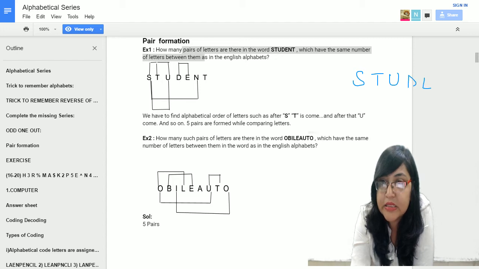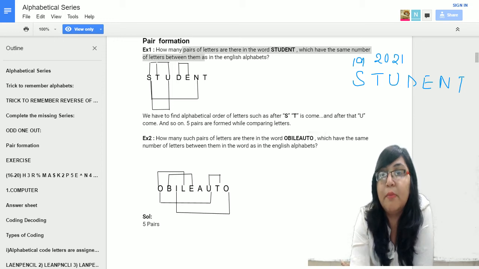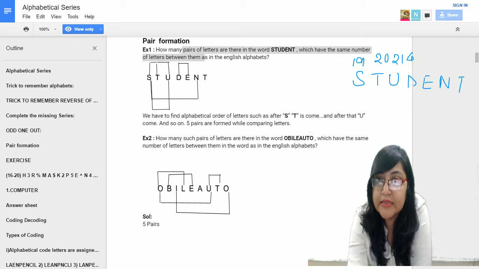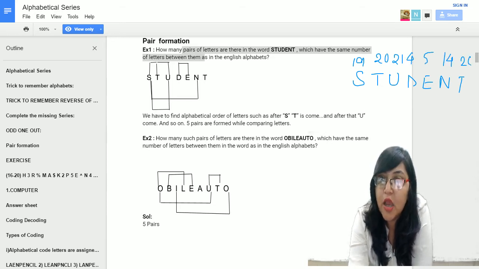Say S, T, U, D, E, N and T. So S is 19, T is 20, U is 21. By looking at this only you can make out that you have 2 pairs over here. Next D is 4, E is 5, N is 14, T is 20.